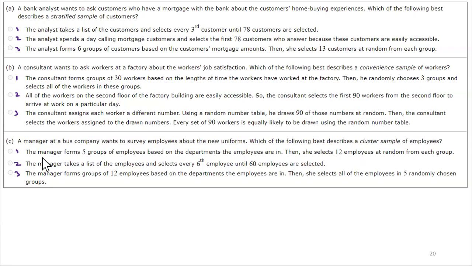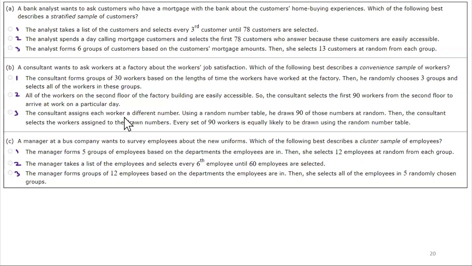And the last one here, a manager at a bus company wants to survey employees about the new uniforms. Which of the following best describes a cluster sample of employees? So again, cluster means everybody in that group. These are divided into groups, but everybody in that group is selected.